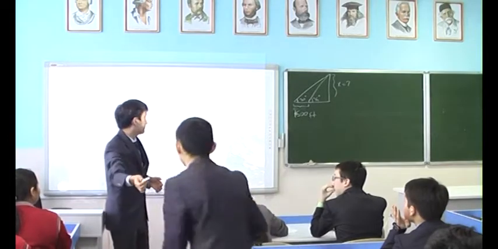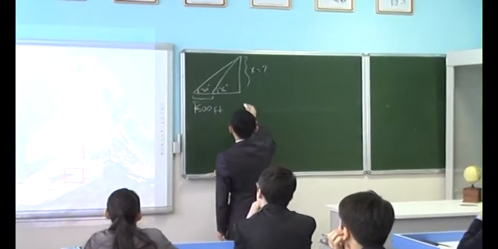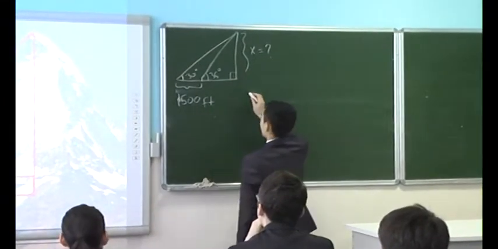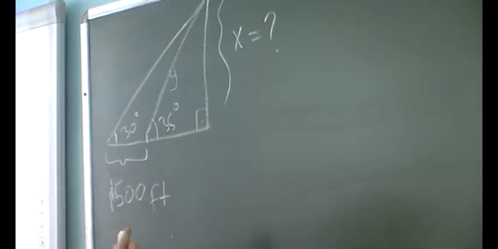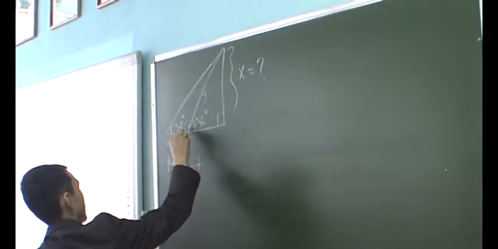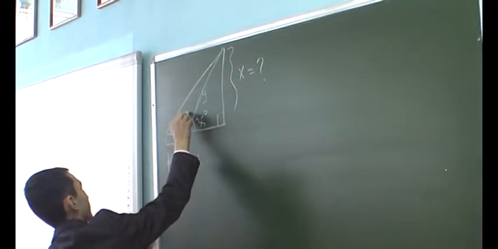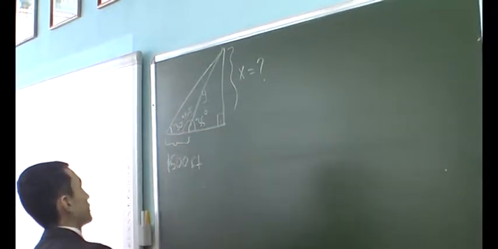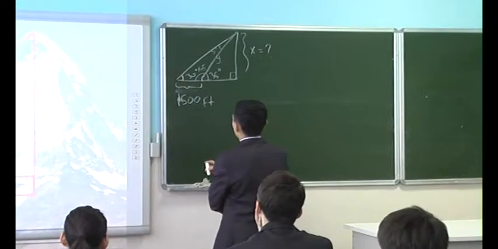Firstly, to know the height, we must find the hypotenuse of this triangle. To find the hypotenuse, we need the angles. This angle will be 145 degrees and this angle will be 5 degrees. Together, 180 degrees.